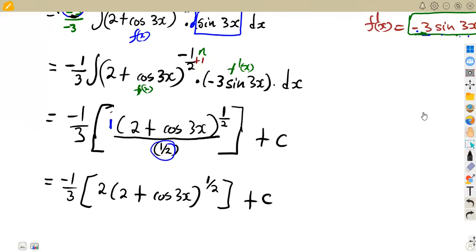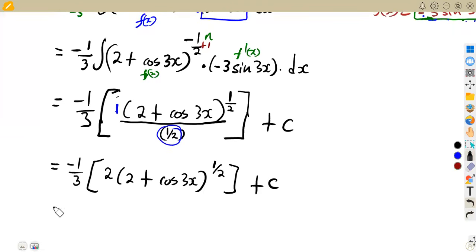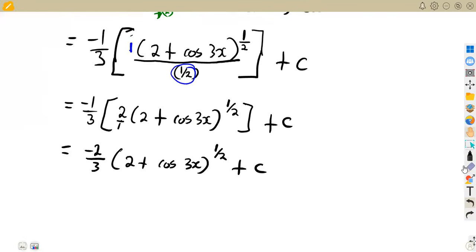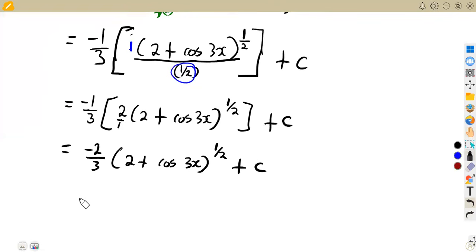But on our calculator, again, if we are to multiply, we can combine minus a third times 2, because this is the same as 2 over 1. So it is going to be minus 2 over 3 into 2 plus the cosine of 3x to the exponent of a half plus c. So that's it. Or we can write this under the square root. Remember, to the exponent of a half means the square root of.